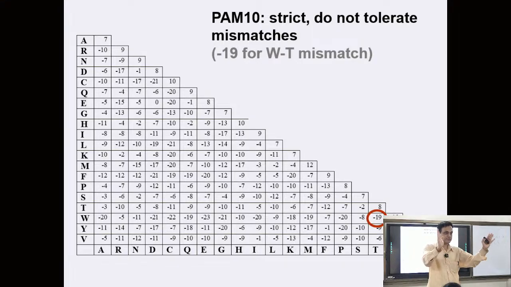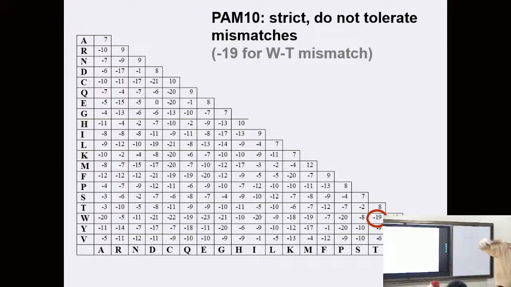I don't know what that is, but it may not be a few years. It could be an evolutionary time scale, millions of years ago. So PAM10 also reflects 10 evolutionary time units. As you increase the number, for example, PAM250 indicates 250 evolutionary time units, and that could be in billions of years. So sequences that are highly divergent shared a last common ancestor billions of years ago. That is reflected in PAM250 or higher PAM numbers.